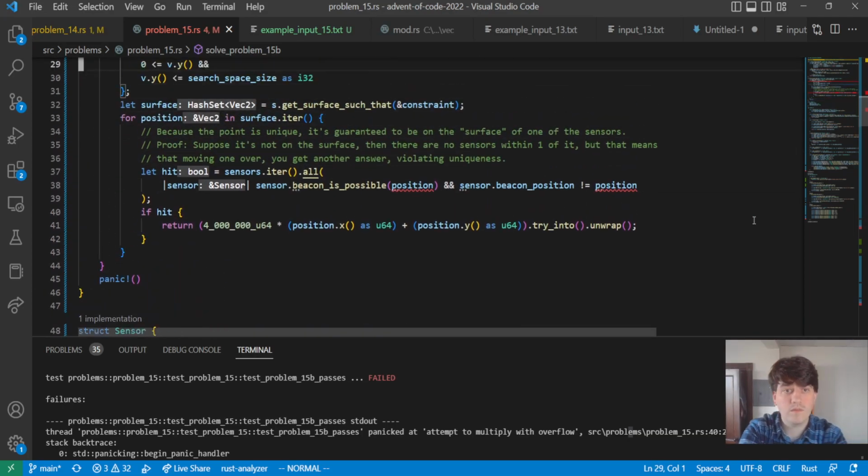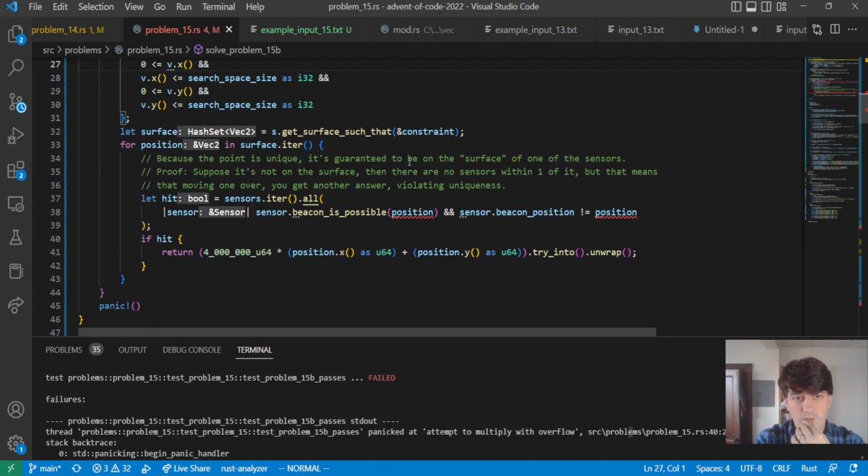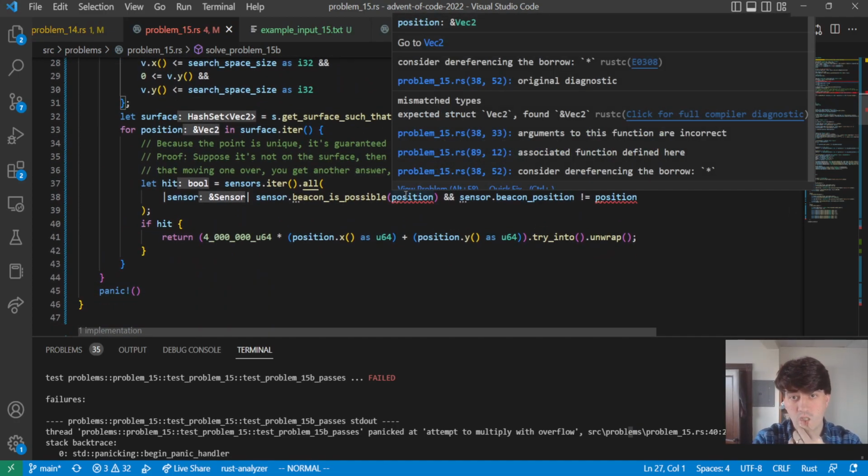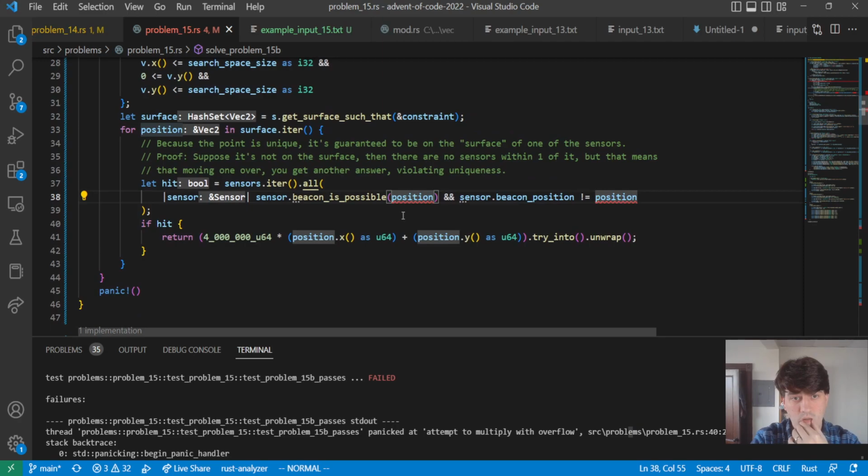And now what's going on here? Position. Oh, because now I'm using an iter, not an into iter. Sure. That's fine. And those are fine. Okay.